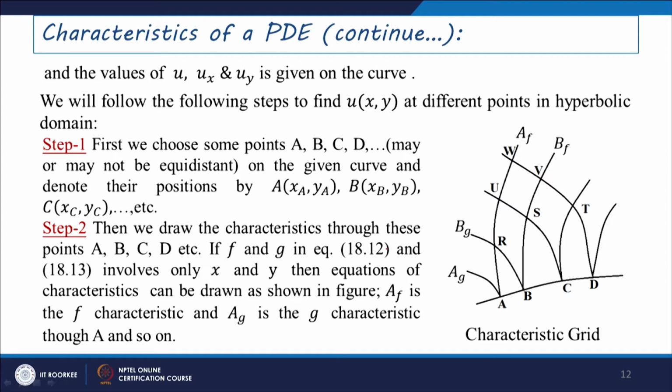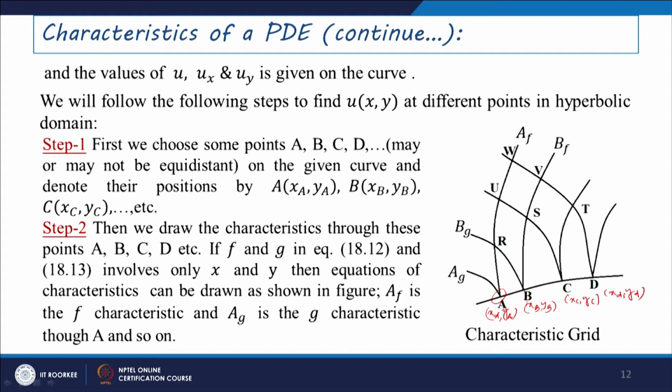Suppose a is x a, y a here, and b is x b, y b here, and c is x c, y c here, and d is x d, y d here. And then we can draw the characteristics through these points a, b, c, d.